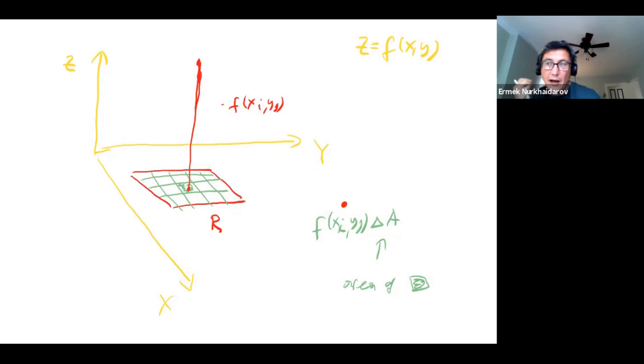If I multiply the height by the corresponding area, I get this kind of rectangular box.